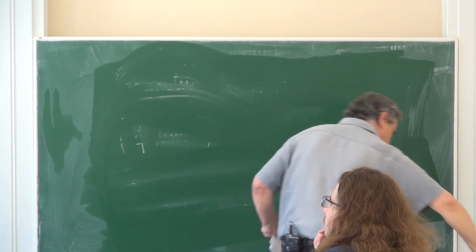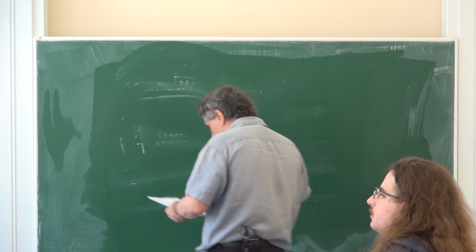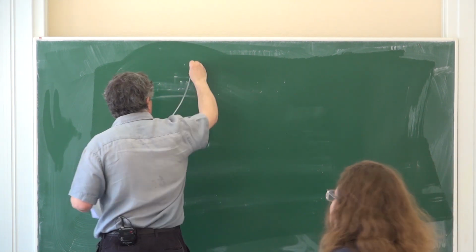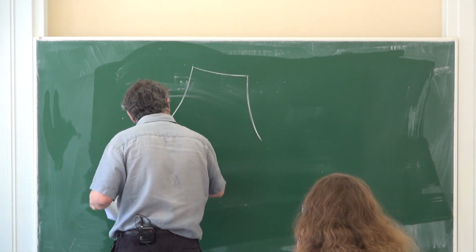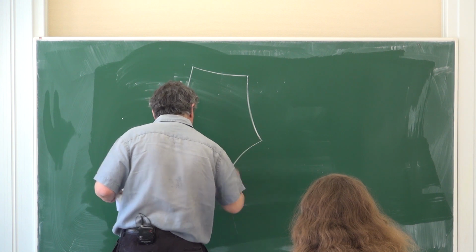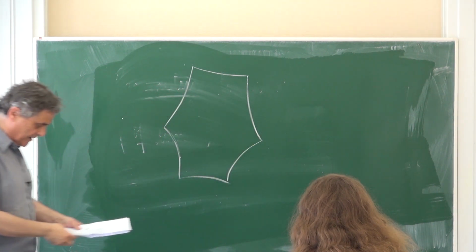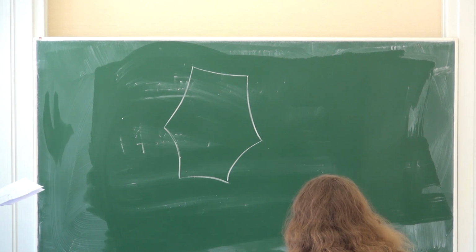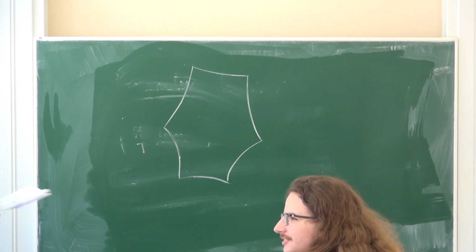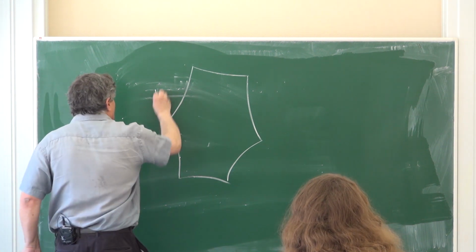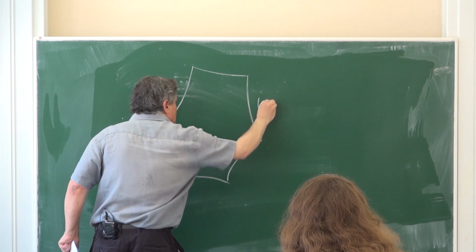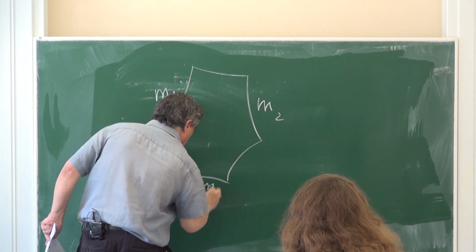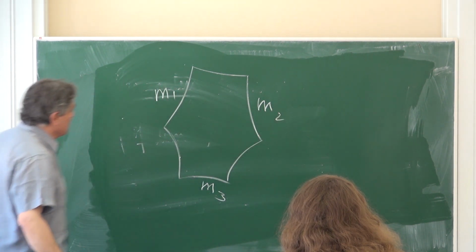The second set of parameters is the most usual one, and it needs a formula. This is why I need my paper, because I never remember formulas. And here I have the names.